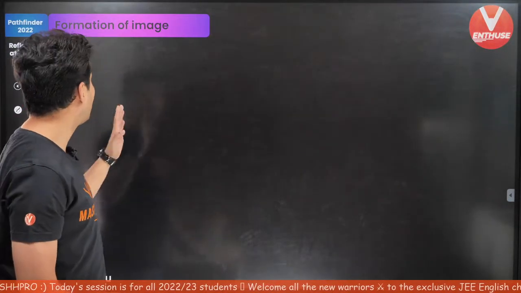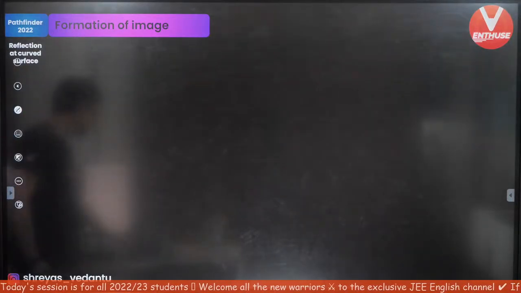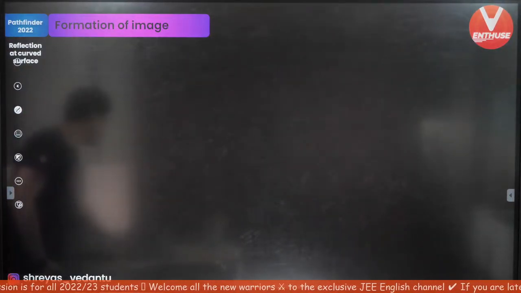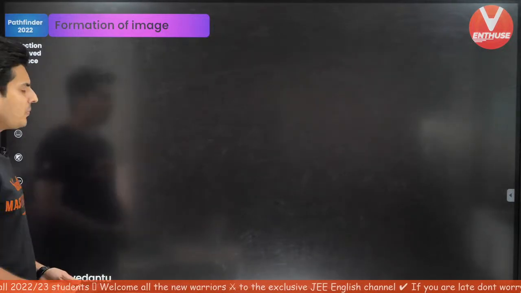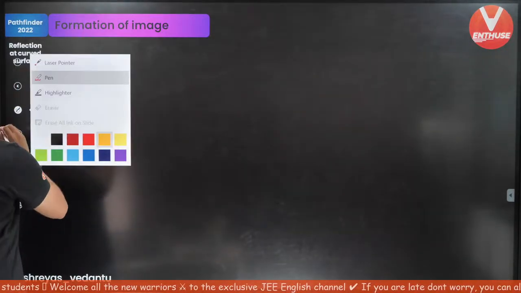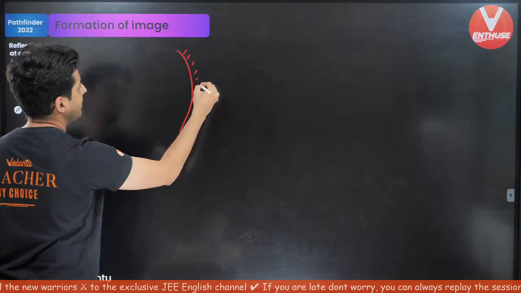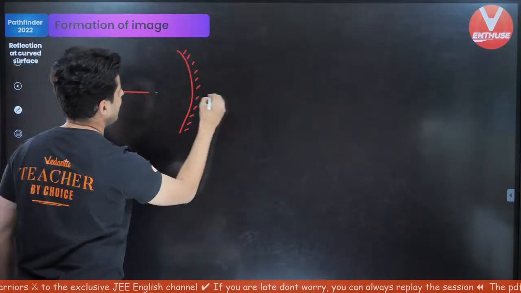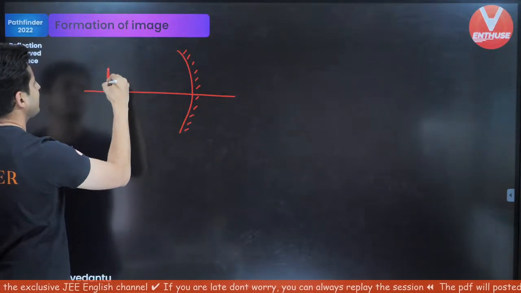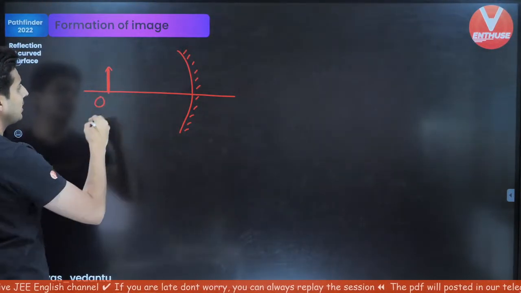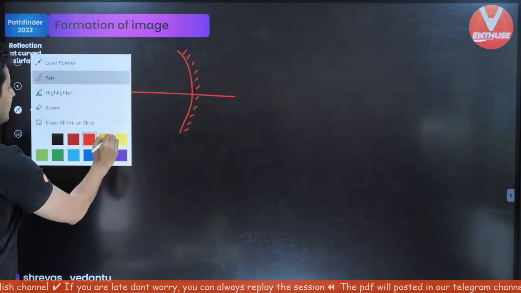Understood? These are the three rules that you are going to use to locate any particular image. So for example, if you had some kind of a mirror like this, and you wanted to locate the image of an object, all you need to do is draw certain rays.